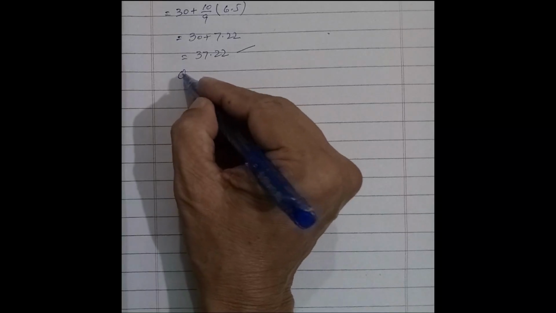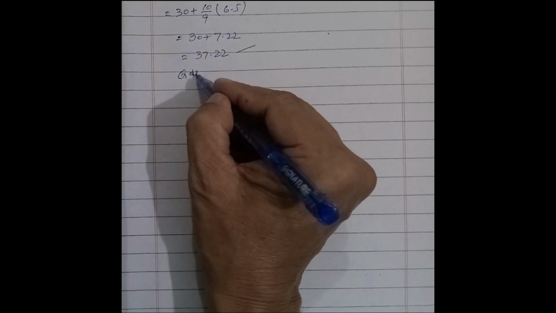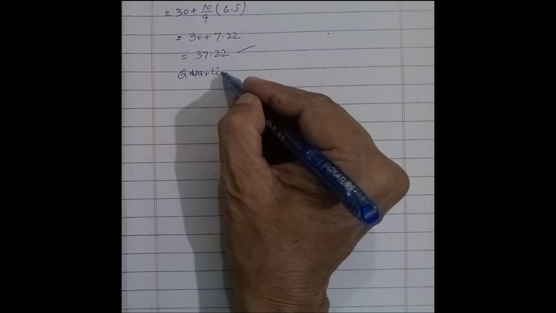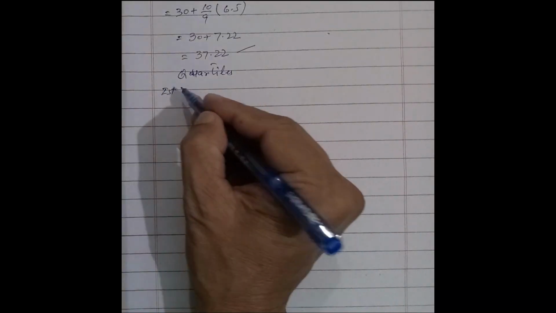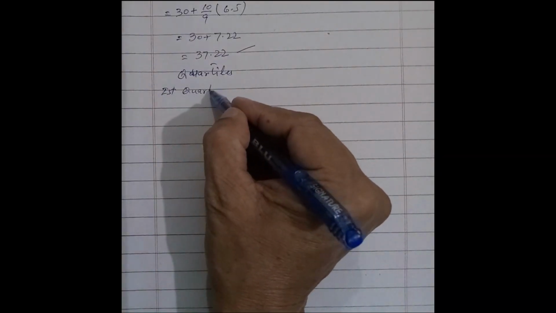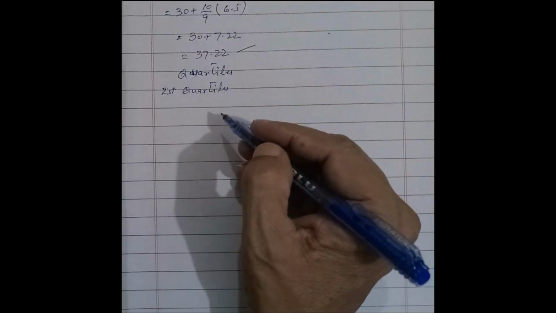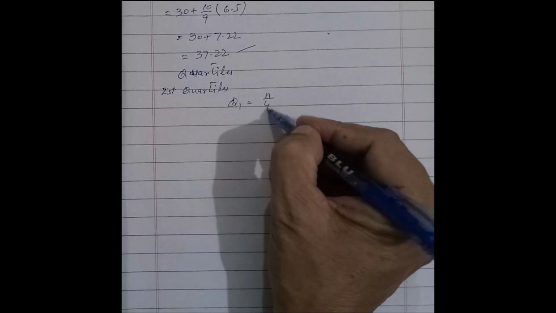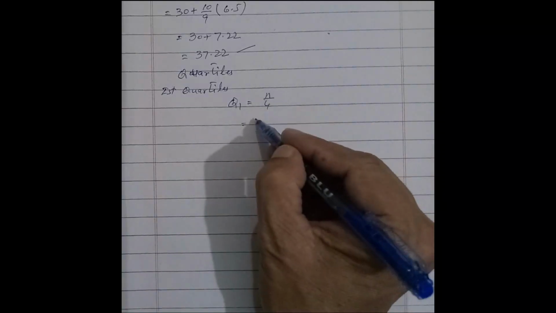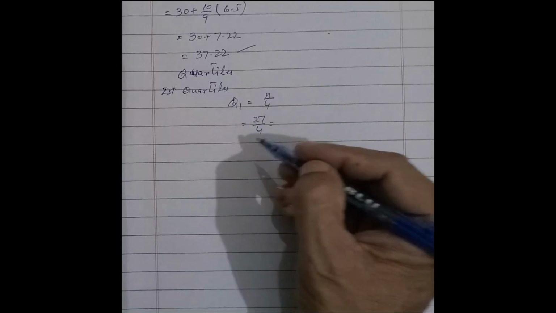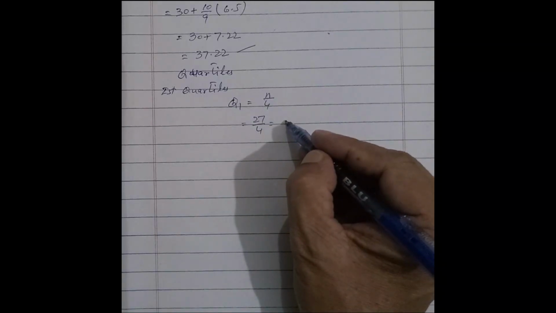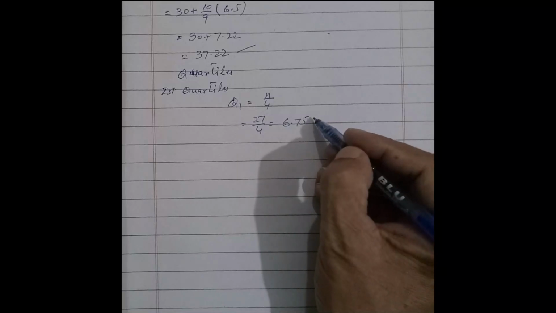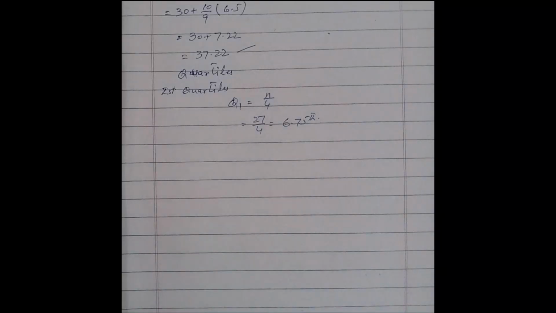The first quartile, Q1, is n over 4, where n is 27, so 27 divided by 4 gives 6.75.